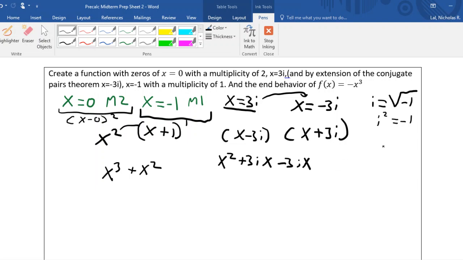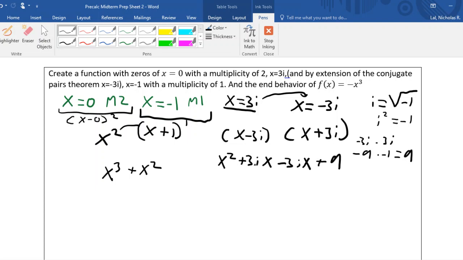Negative 3 times positive 3 is negative 9, and what's i times i? That's negative 1, right? So that's equal to positive 9. So negative 3i times positive 3i is positive 9.